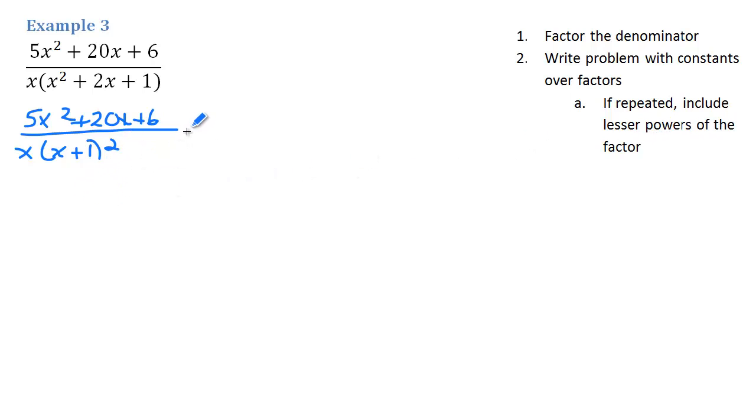So this is going to be equal to some number over x plus another number over x plus 1 plus a third number over x plus 1 quantity squared.